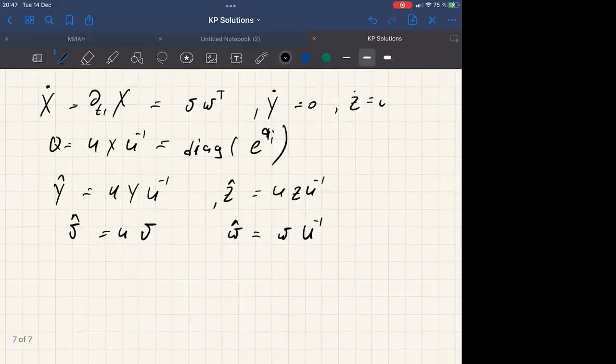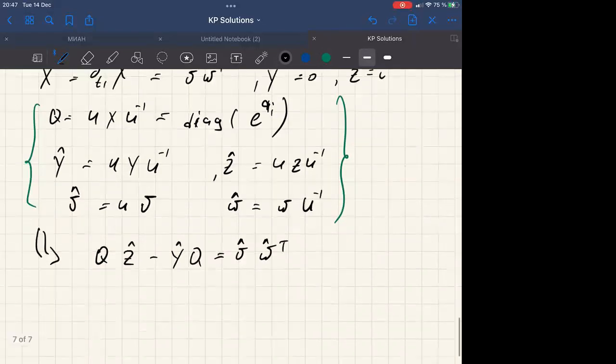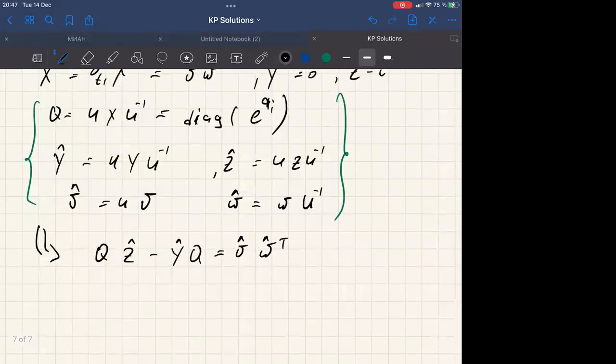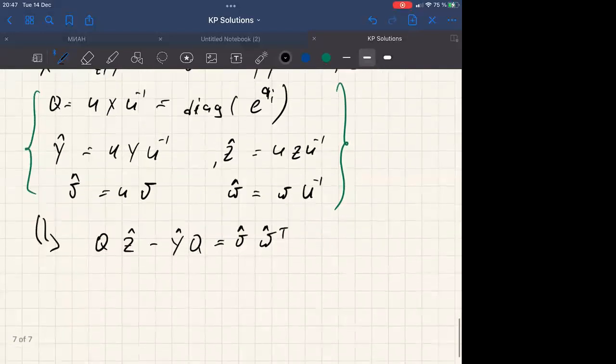Now, with all this, after that we obtained that for our hat equation we have Q, z hat minus y hat Q equals V W hat. Yes, and well, this is the order separation, I guess.